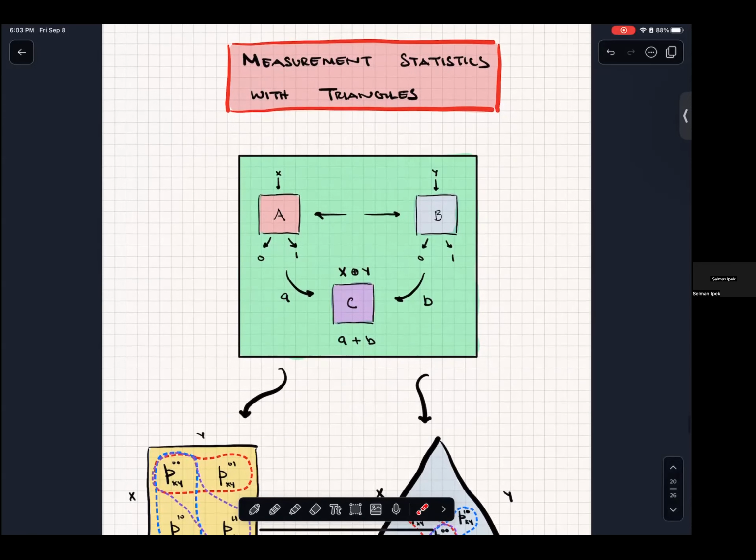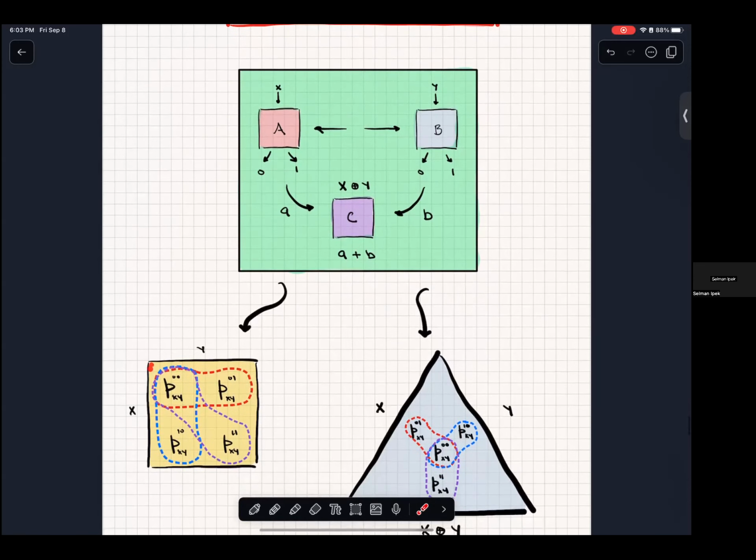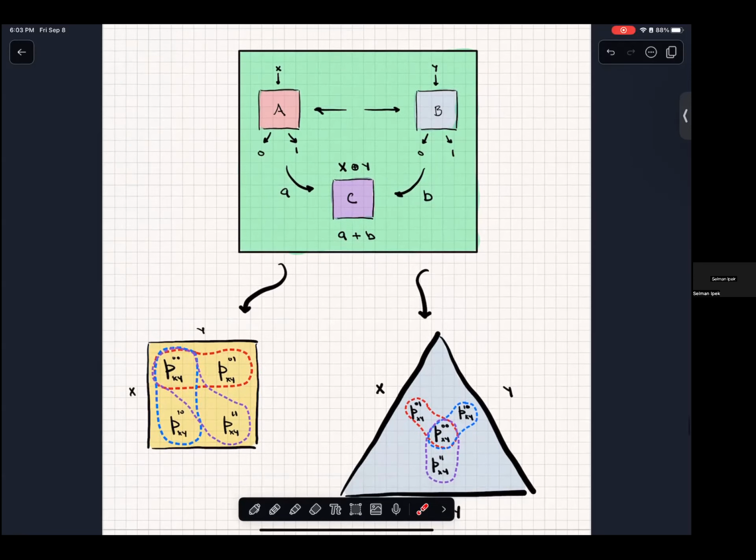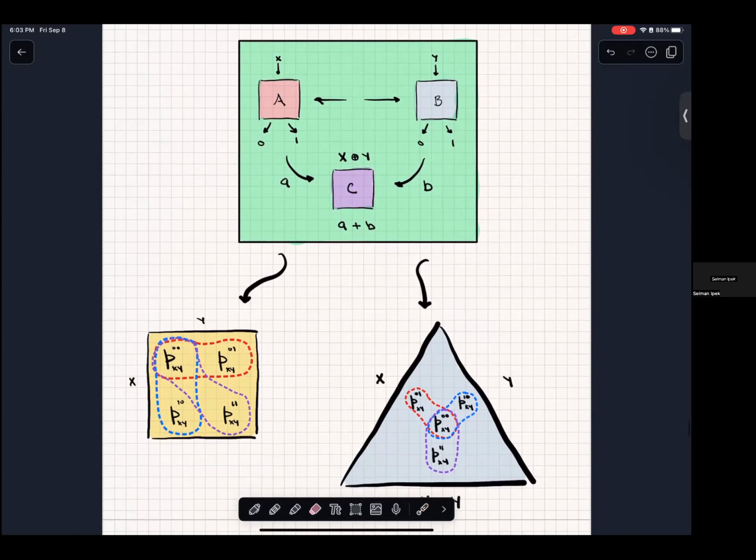Now, we want to encode this topologically. We have this normal representation of Alice, Bob, and Charlie like this, where we have the marginals given in red, blue, and purple. Now, we can do something a little bit interesting, and we're going to see the benefit of this later on.